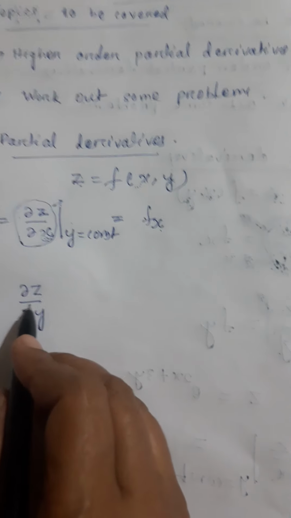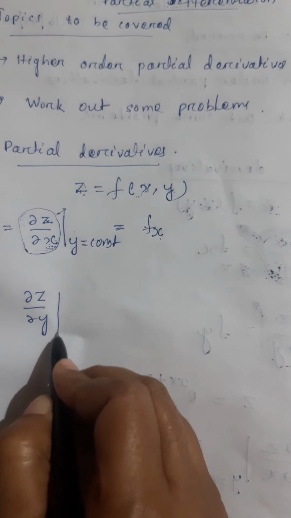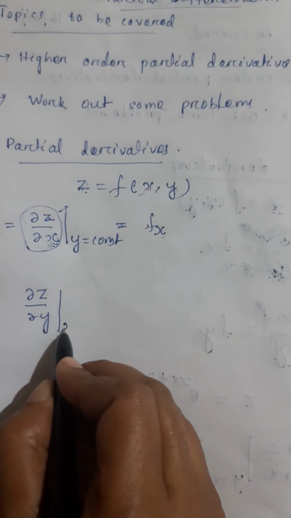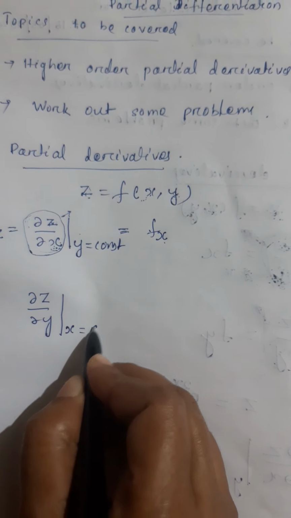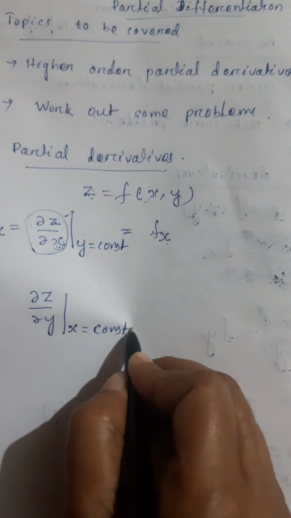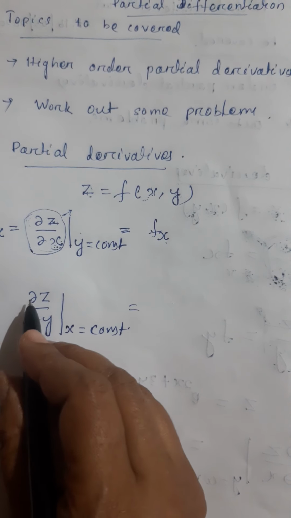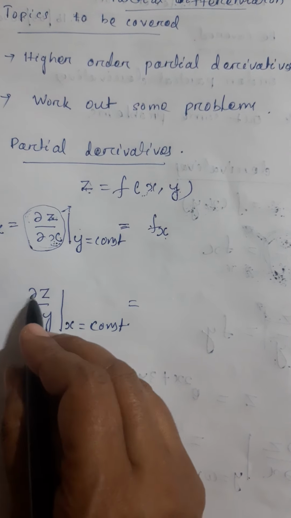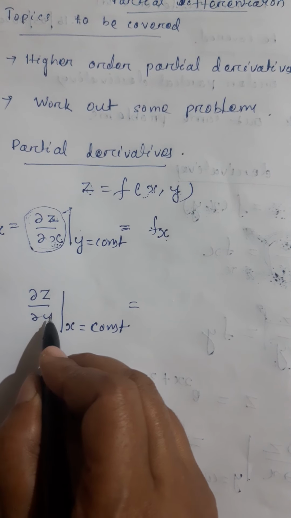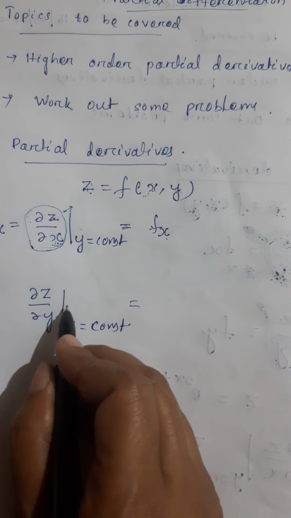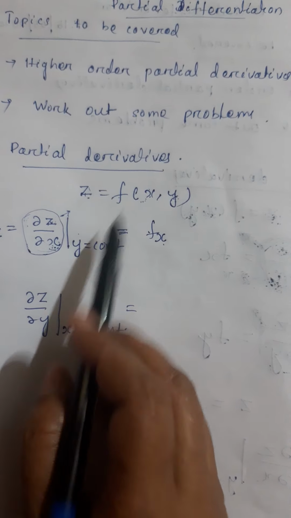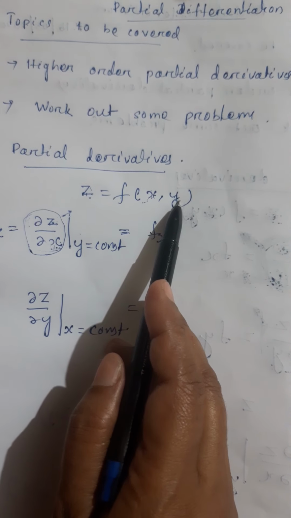Okay. So in case of del z by del y, we should take x as constant. Why? Because derivative with respect to y means the variable y is changing and x is independent of y.